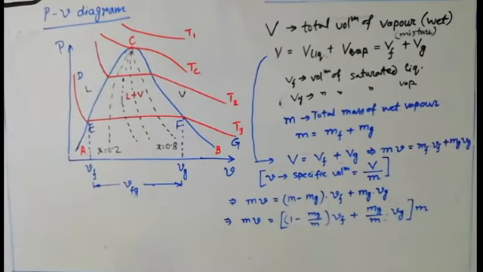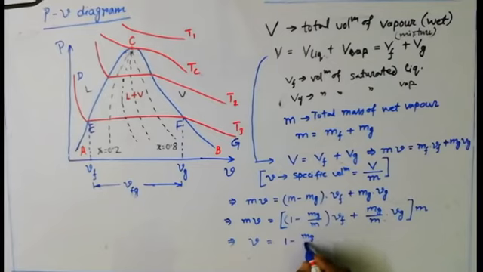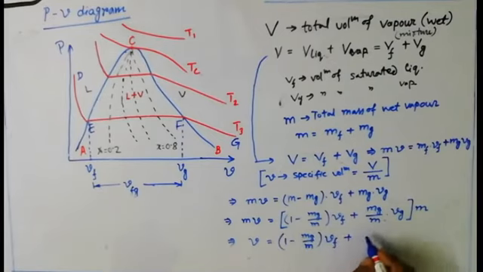Understood? Forcefully I am taking m from this right side as a common factor. Okay, so m will be cancelled from each side. So now the equation will be v equals 1 minus mg by m into vf plus mg by m into vg.